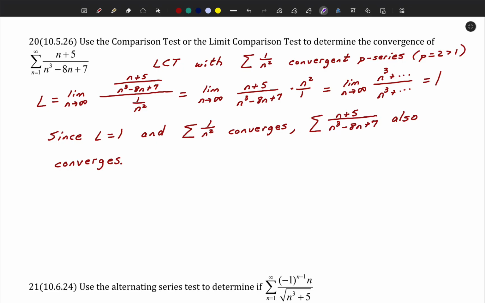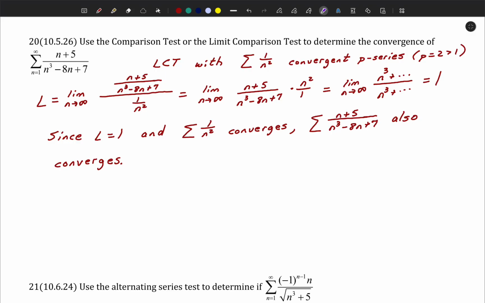Anytime your numerator and denominator are polynomials, this is a rational function on the inside of that for the general term. You always want to compare it against the degree difference in the numerator and denominator. Well, the numerator is understood to be degree 1, denominator is degree 3. I would want to compare this with a p-series with p equals 2.